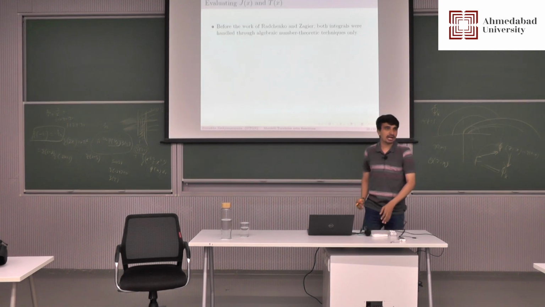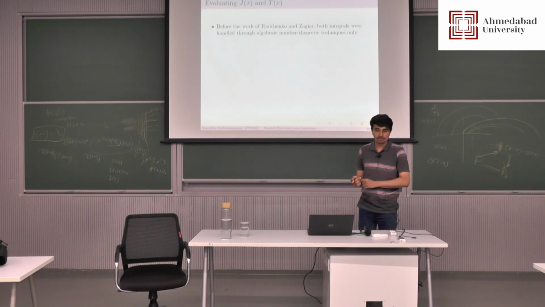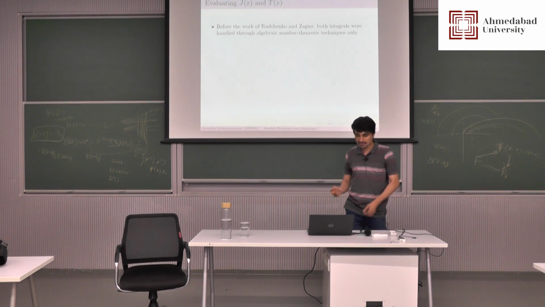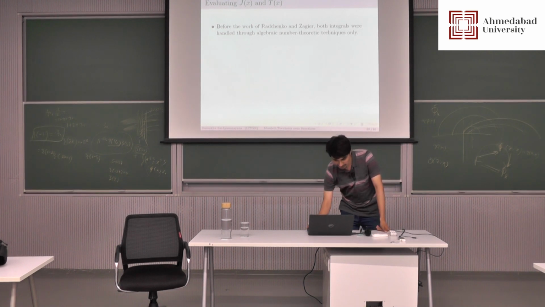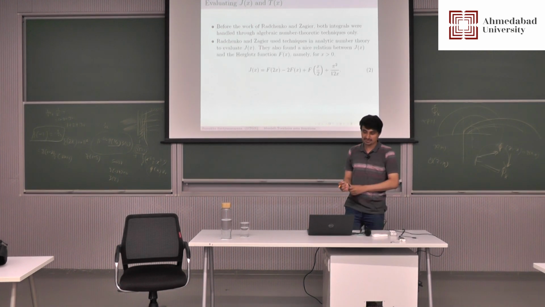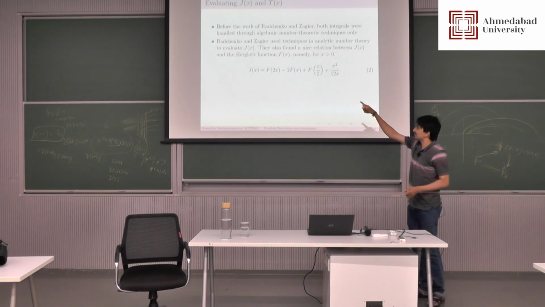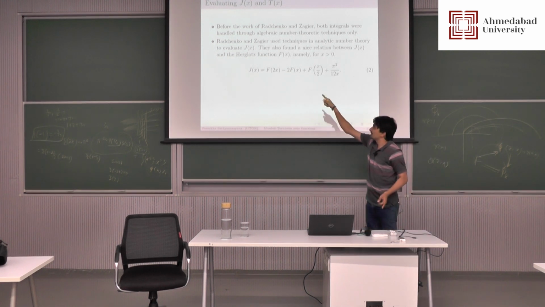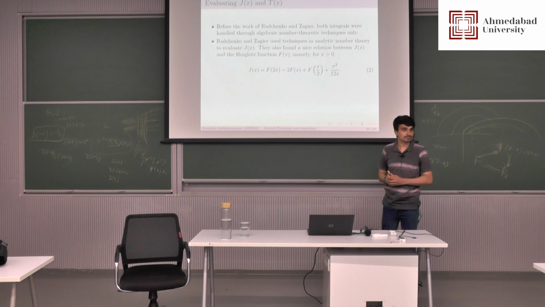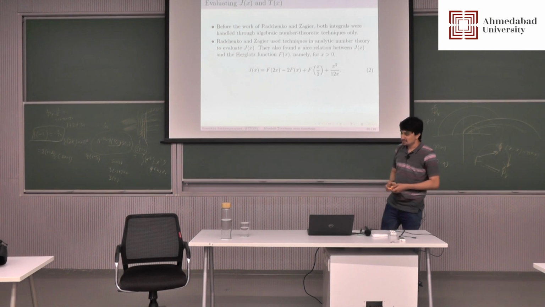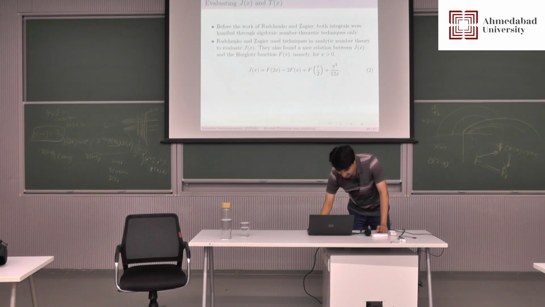Initially, after Herglotz, there were only algebraic methods, using algebraic number theory, to get evaluations for these two functions. But after Radchenko and Zagier, they found some analytic methods, and they connected that Herglotz integral to the Herglotz function by this. But they missed something very interesting, which was not difficult either.